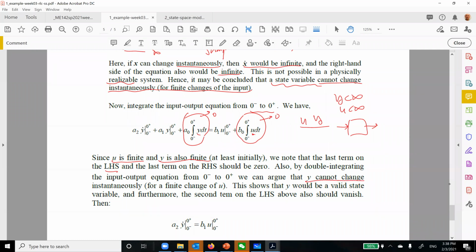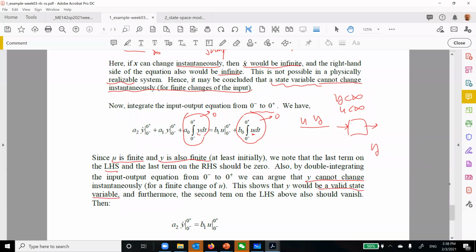So y will be a valid state. Y is not changed immediately, therefore y is qualified to be a state variable.